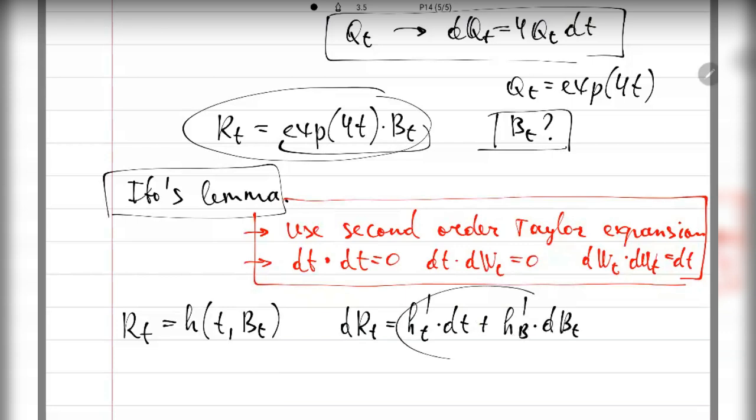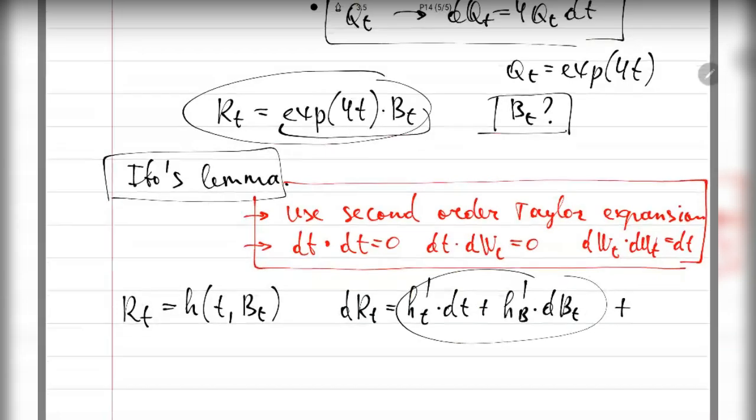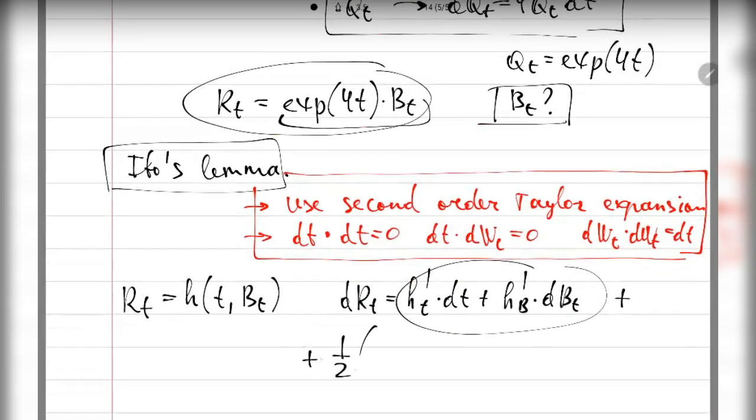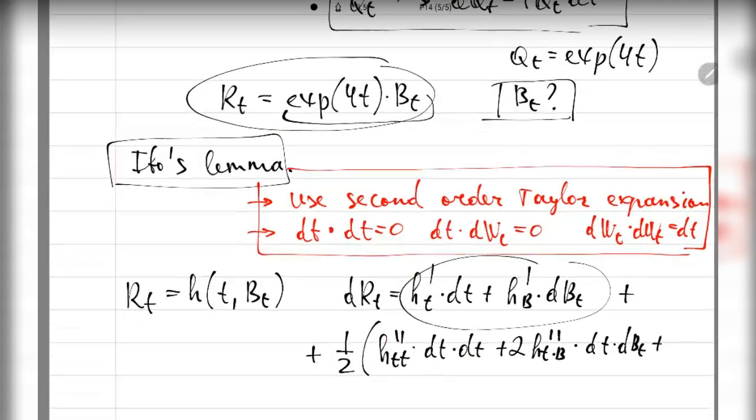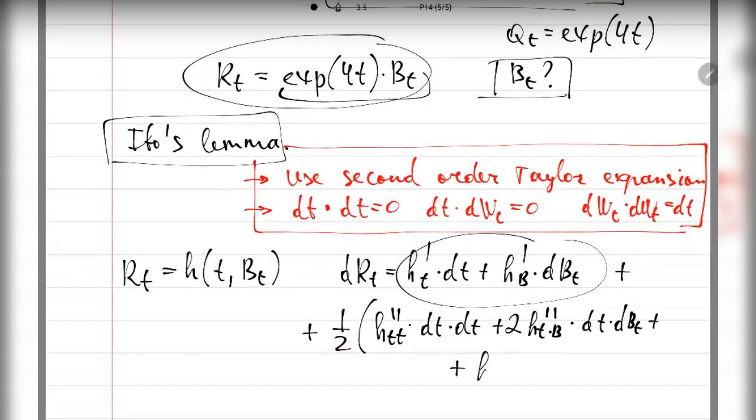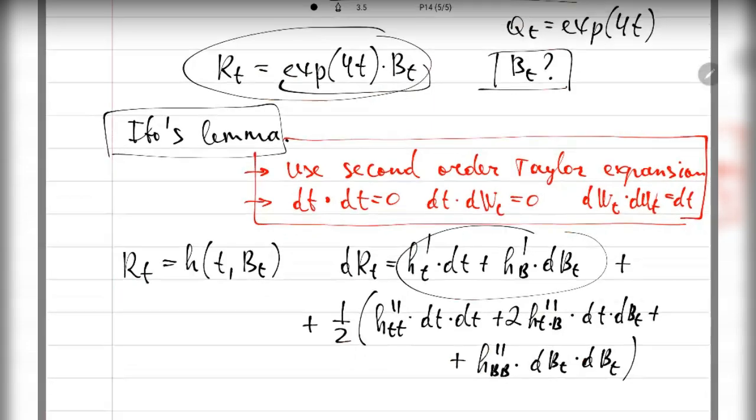That's a first order Taylor expansion. Plus the second order Taylor expansion: one half h double prime with respect to t times dt times dt plus twice h double prime with respect to b and t times dt times dBt plus h double prime with respect to b times dBt times dBt.